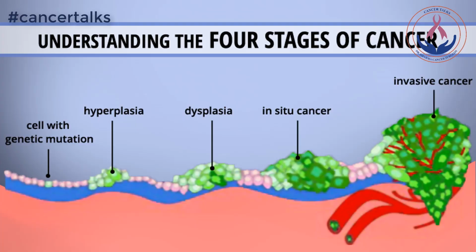In stage 3, the amount of involvement is more, both where the cancer has arisen and also in the lymph glands. Stage 4 is where the cancer has spread from the primary organ to distant organs like liver, brain, bone, or lungs. Then we call it a stage 4 or metastatic cancer.